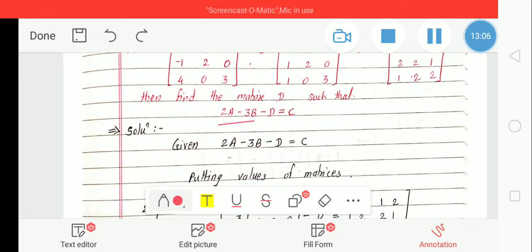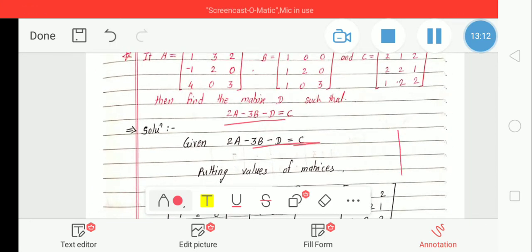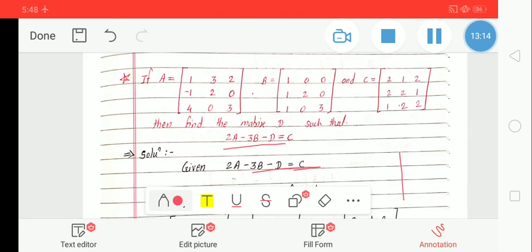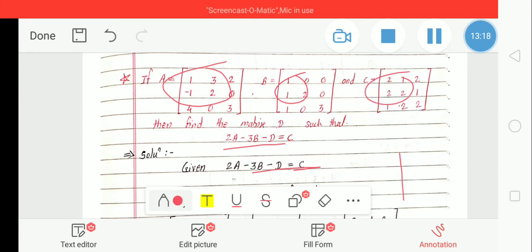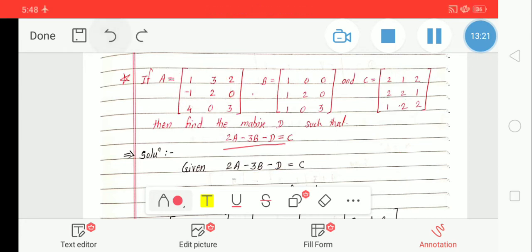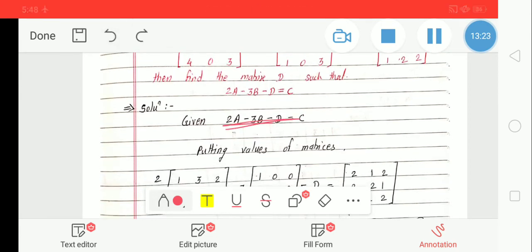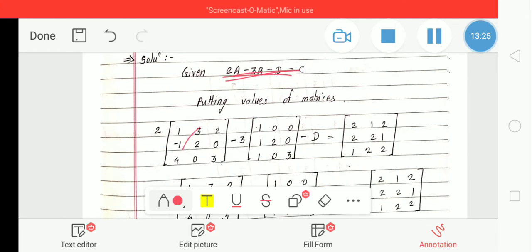Given 2A minus 3B minus D is equal to C, putting the values of matrices, हमें ये दी है वैल्यू matrix A, matrix B and matrix C. So we put these values in this equation. So 2 times matrix A, 3 times matrix B, D as it is, because we want to find it, and this is C.